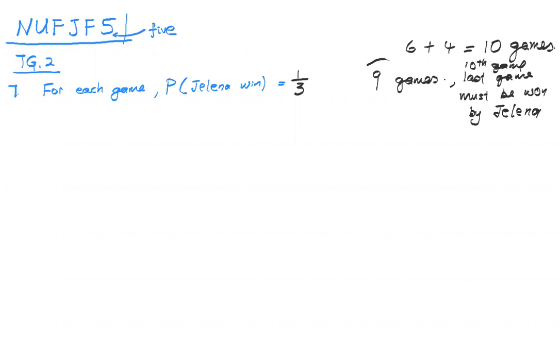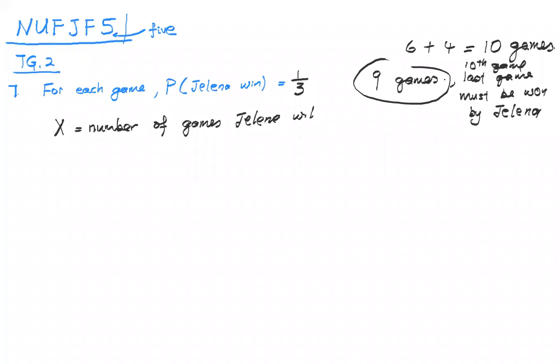So now our X here should be the number of games Jelena will win out of 9 games. You get me?